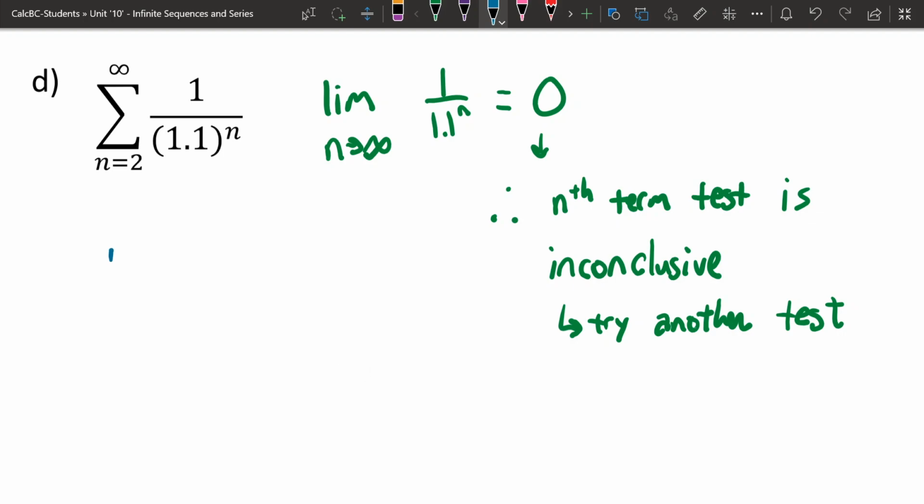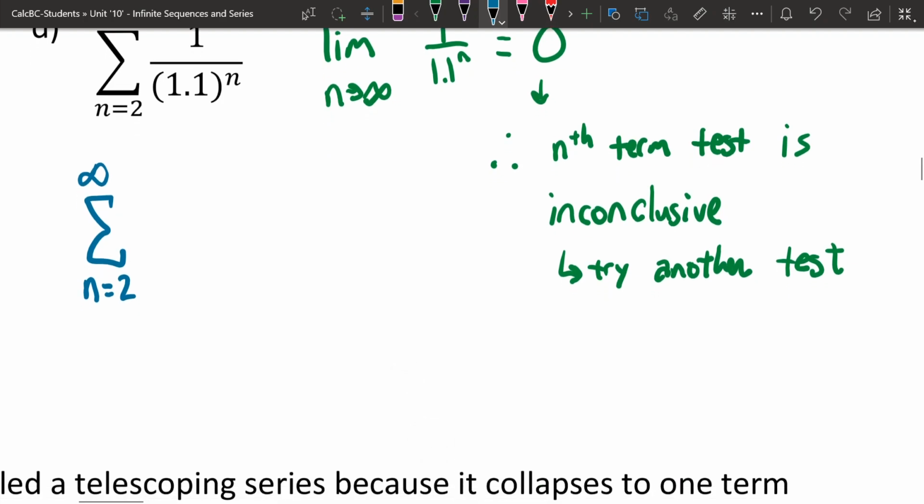This is the same thing as the series from 2 to infinity of 1 times (1 over 1.1) to the nth power. Our r value is 1 over 1.1.